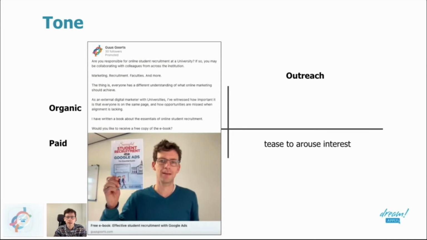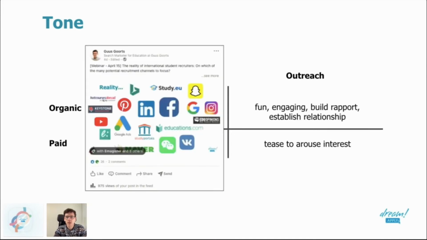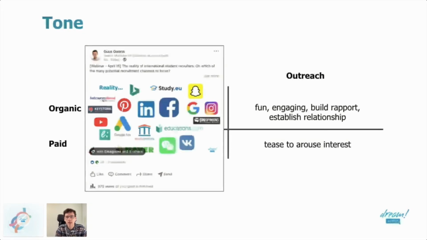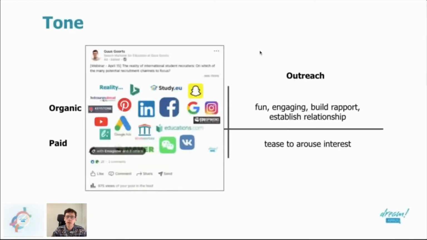And then finally, organic outreach would need to be all the more fun and engaging and rapport building in its tone, because here, why would LinkedIn want to share this message? It wants to share this message because it has to provide content to people who are on LinkedIn, and it will only look at whether the content can engage people.